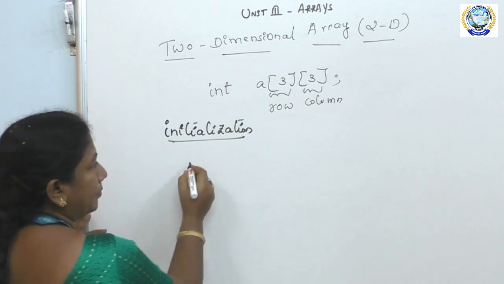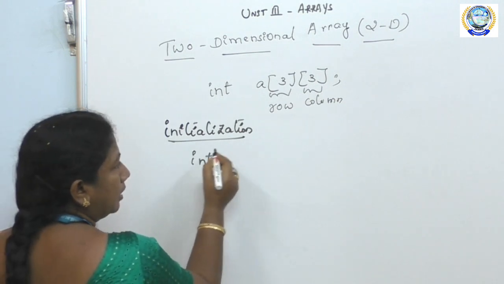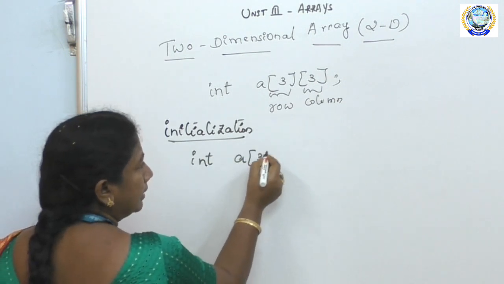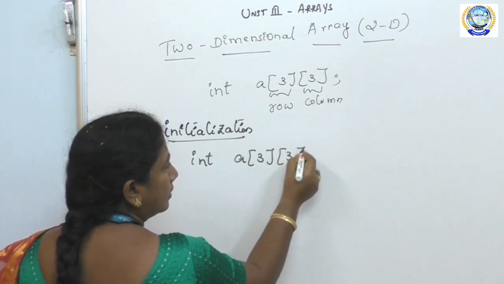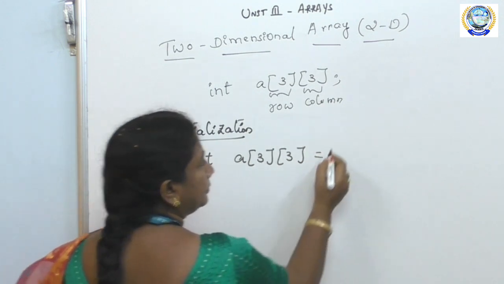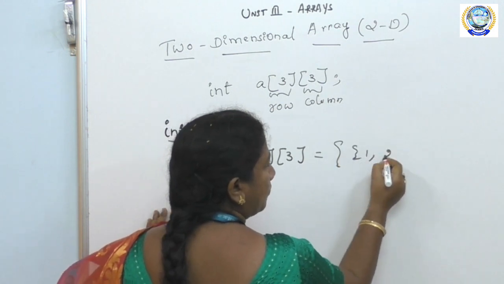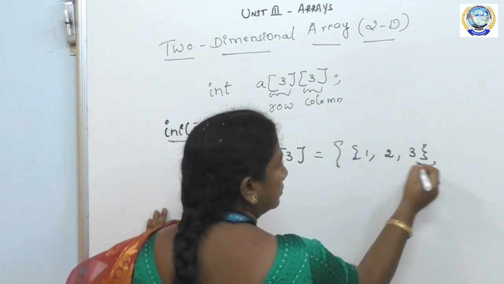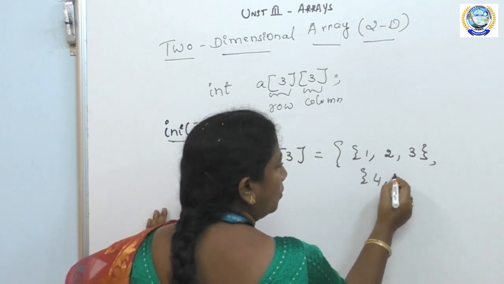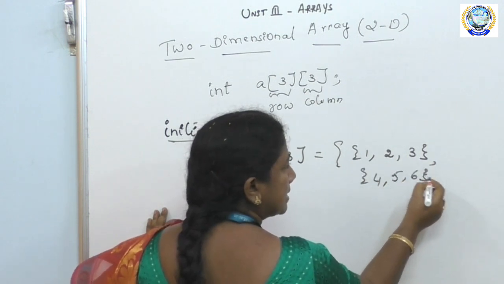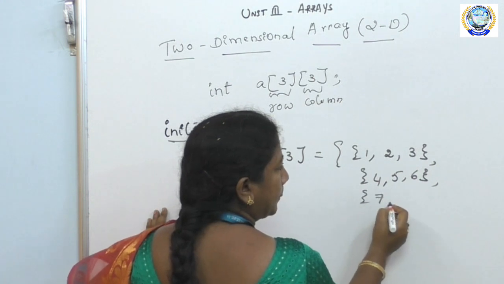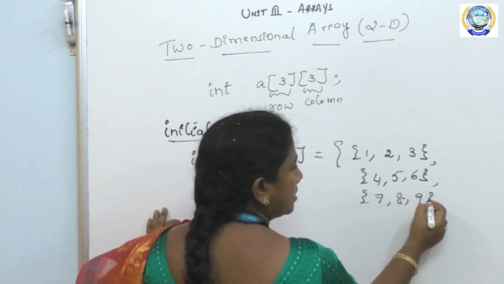Initialization is int a[3][3] = {1, 2, 3, 4, 5, 6, 7, 8, 9}.